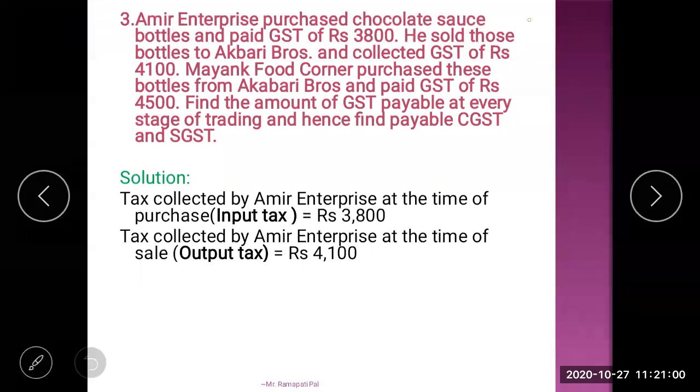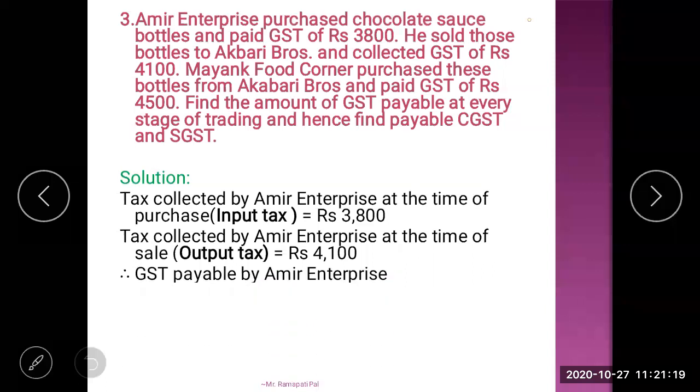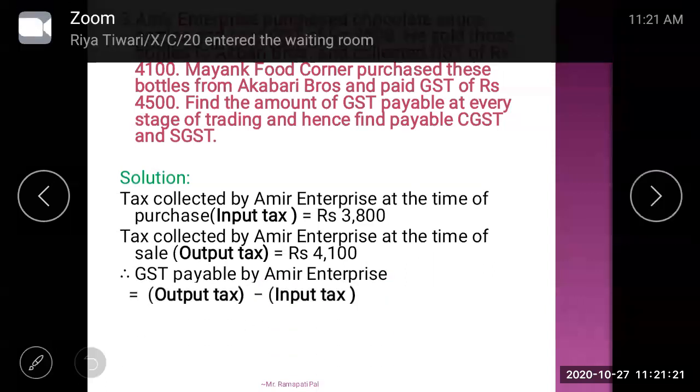Now substitute the values and subtract. 4,100 minus 3,800. Yes, correct. 38, 39, 40, 41. Correct, na? So that is 300 rupees.